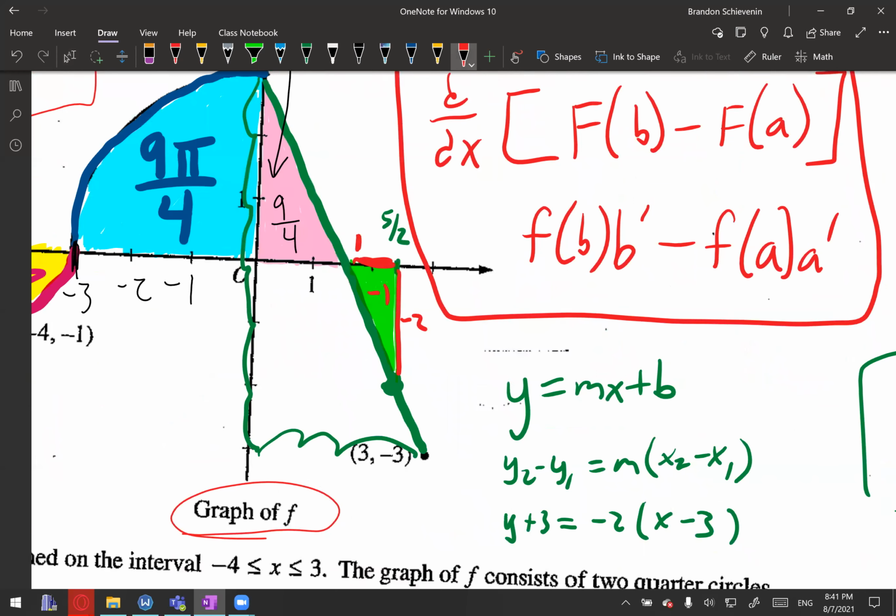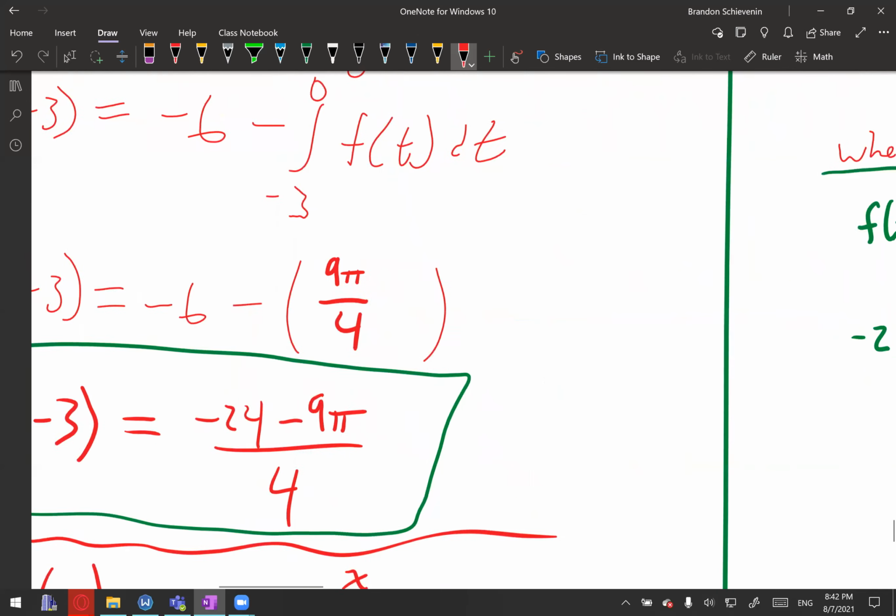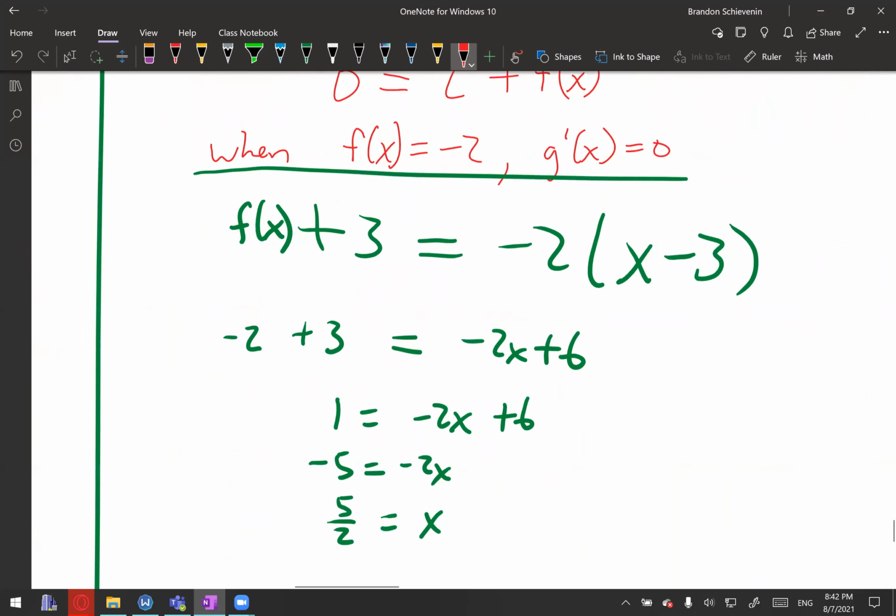I've got 9/4 minus 1, which is how much? 5/4. Okay, so that's our answer for this part.